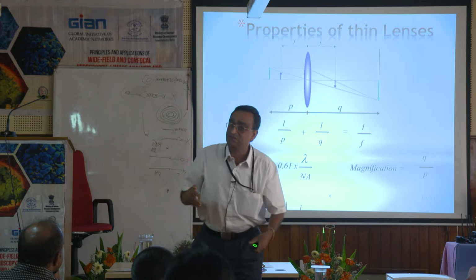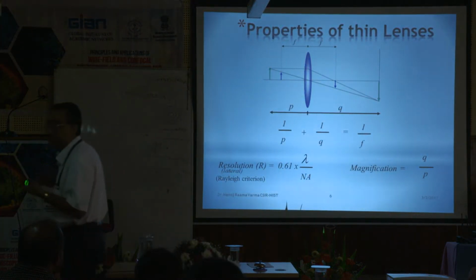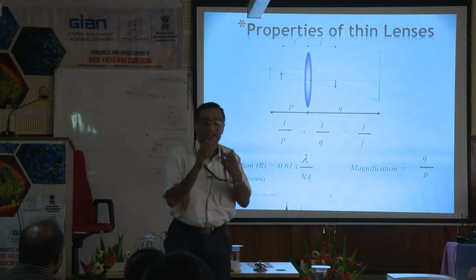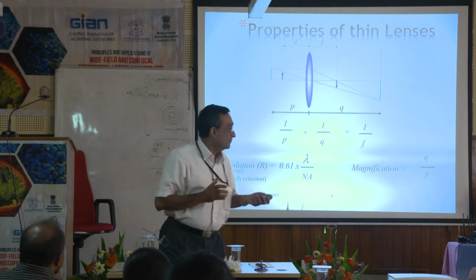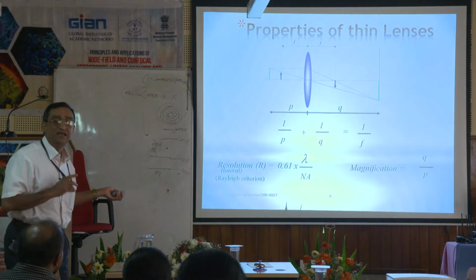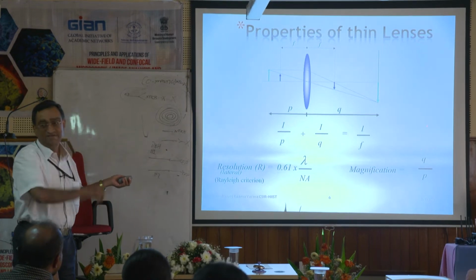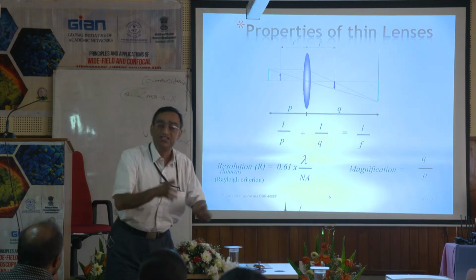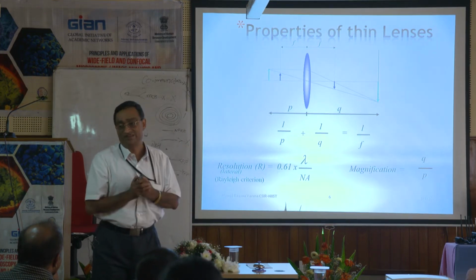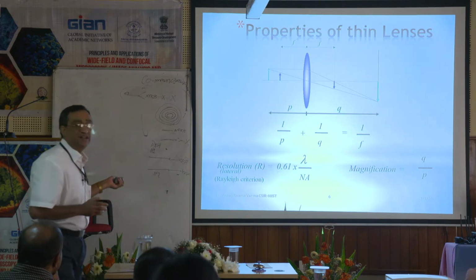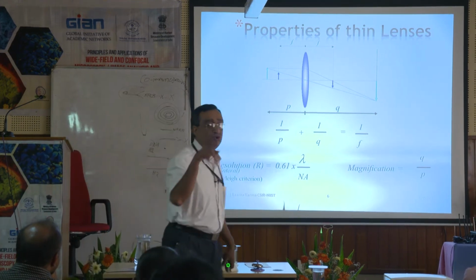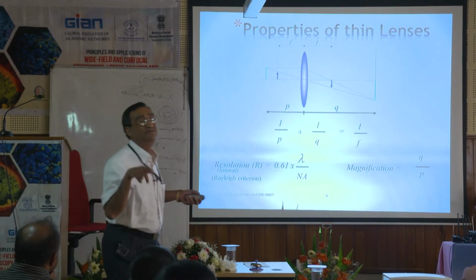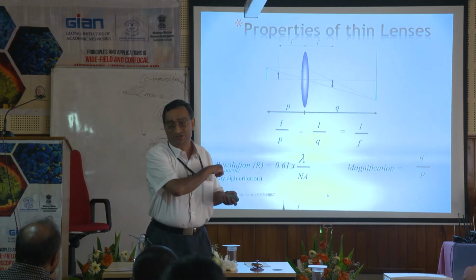Our visible light has wavelengths of 300 to some 700 nanometers. Take 300 nanometers on average, and put the numerical aperture equal to 1. Then 0.61 times 300 is almost 250 nanometers, so the resolution is 250 times 10 to the power of -9 meters.